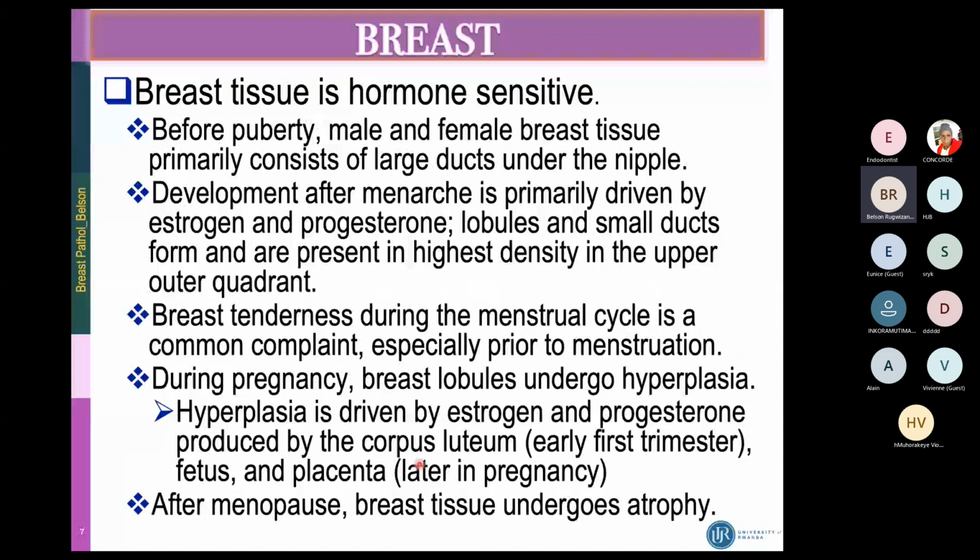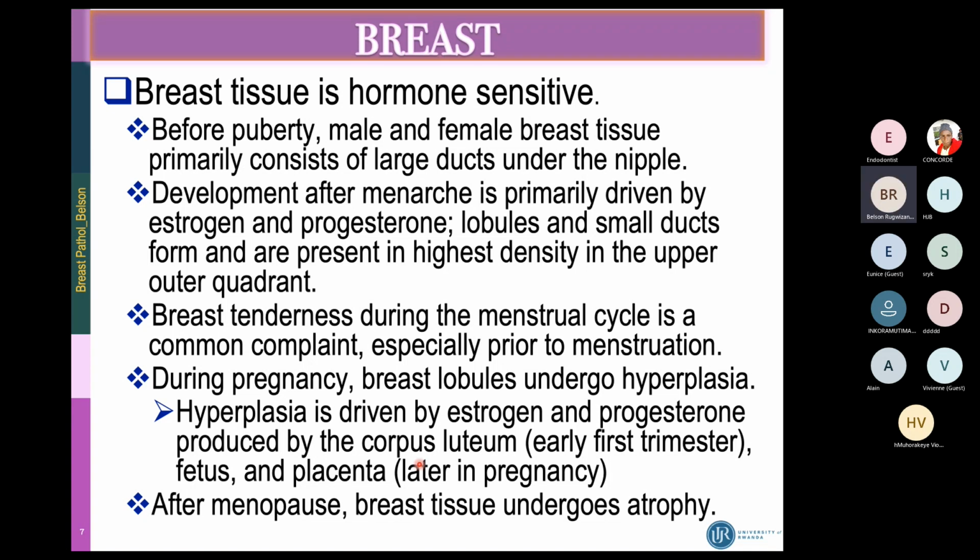The breast tissue is hormone sensitive. You will see that before puberty, the male and the female breast tissue is just very small. But when puberty comes, because females now produce estrogen and progesterone in high quantity, the breast also develops.